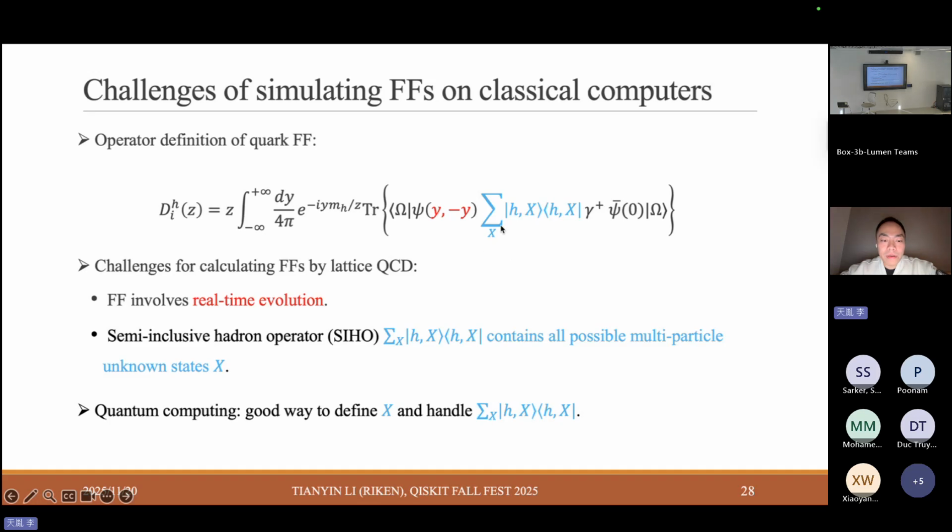However, on a quantum computer, there is a good way to define X and handle the sum over X. The sum over X can be regarded as the identity operator of a subspace in the Hilbert space of the quantum computer.